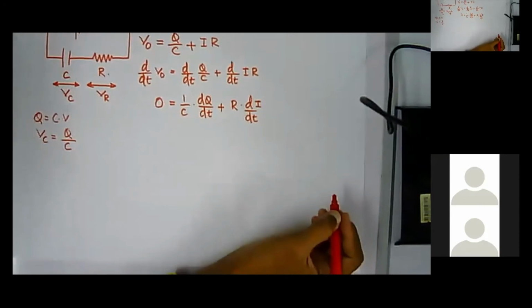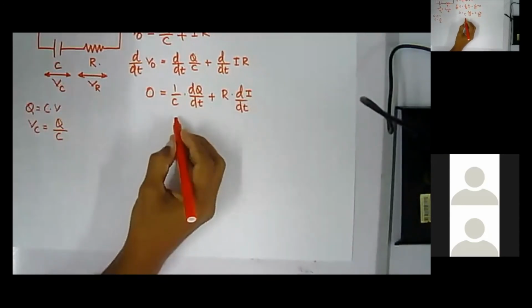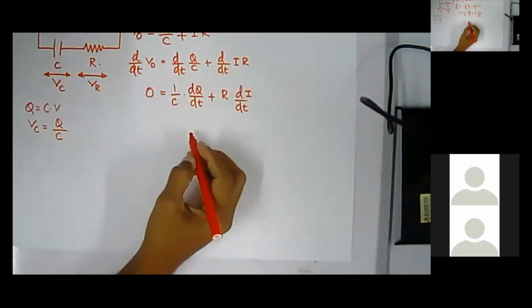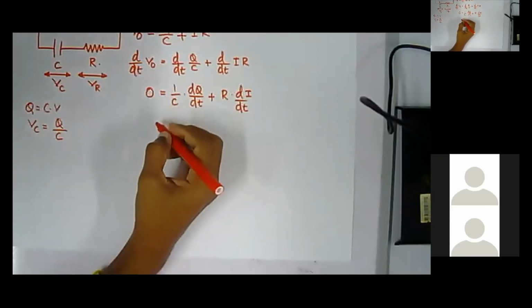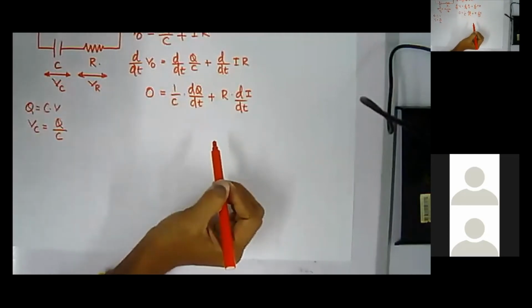Clear? Now I can bring this to the other side. What is dq by dt?